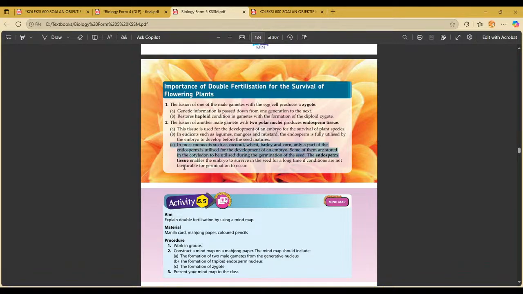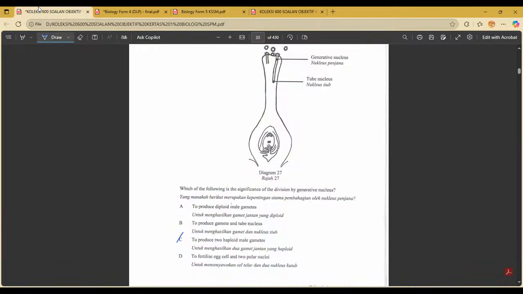The endosperm tissue enables the embryo to survive for a long time if conditions are not favorable for germination to occur. So, endosperm is protective tissue, I think. Protective tissue and nutrient storage. It is used for development. Endosperm is fully utilized by the embryo. Yeah, probably.